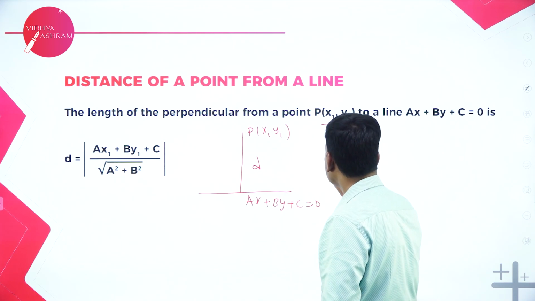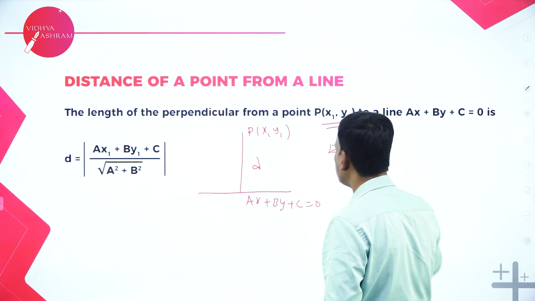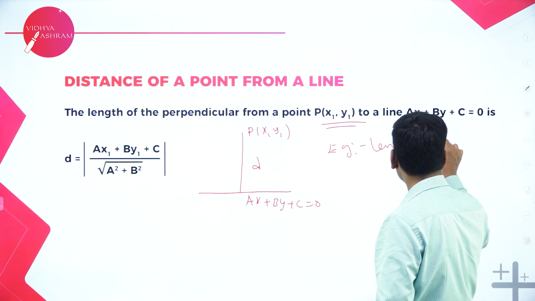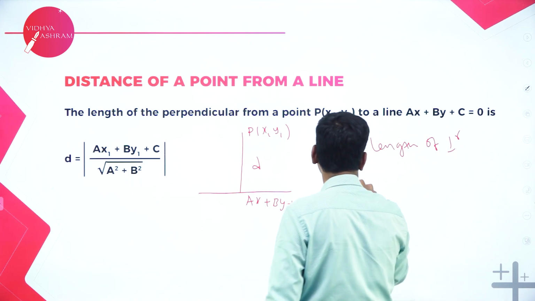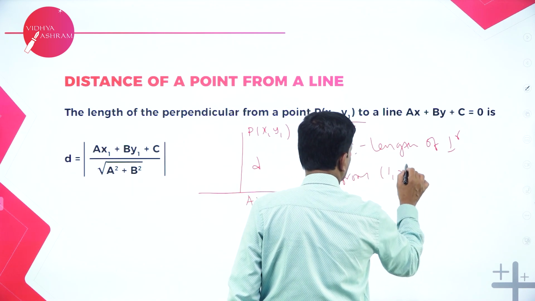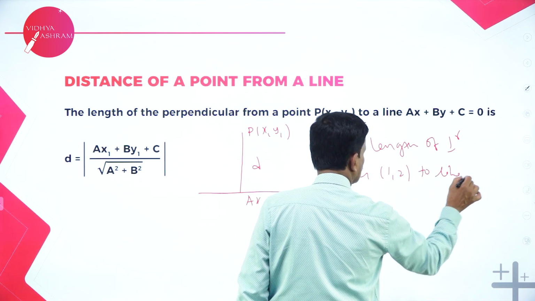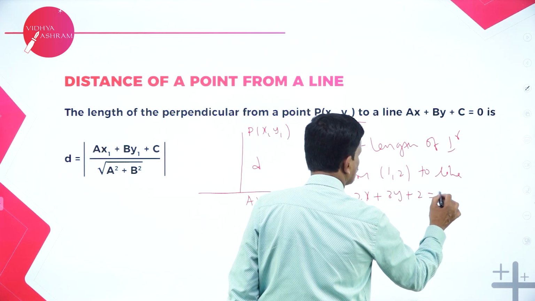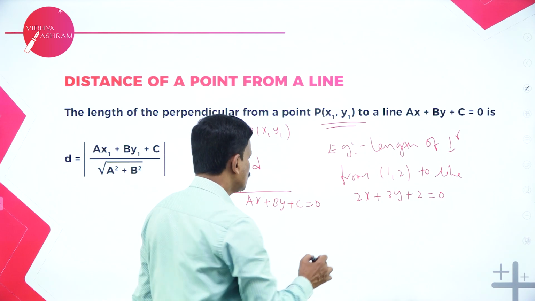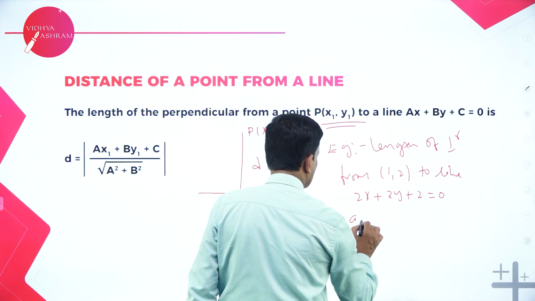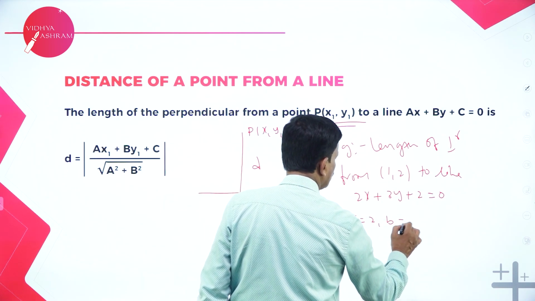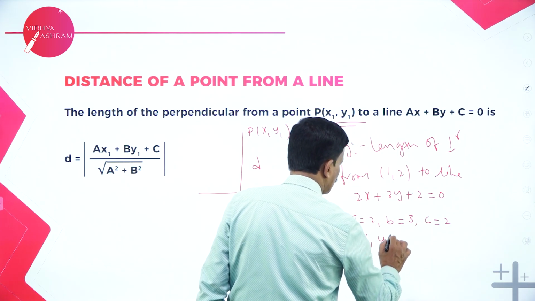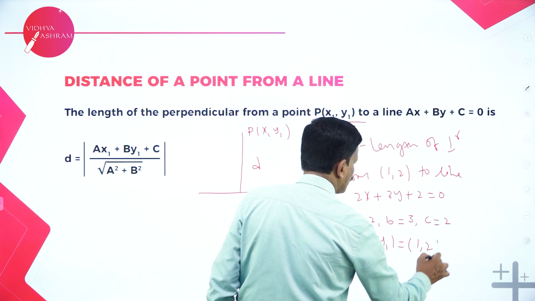Let us take an example: the length of the perpendicular from (1, 2) to the line 2x + 3y + 2 = 0. Here a is 2, b is 3, c is 2, and (x1, y1) is the point (1, 2).